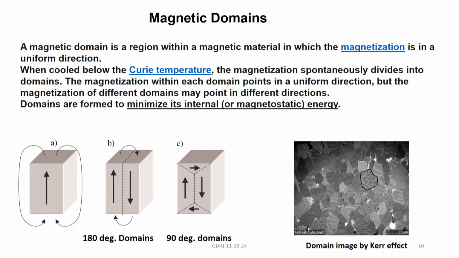So, there will be a small change in the polarization angle, and when you use the detection, the different grains will show up as a change in the contrast. So, these are grains of different orientation on the surface of some sample, I do not know what sample this is. That is how you do the grain imaging using magnetooptic Kerr effect.